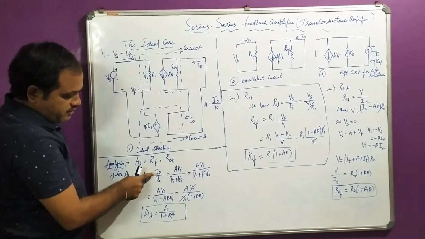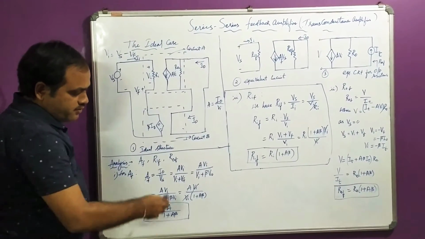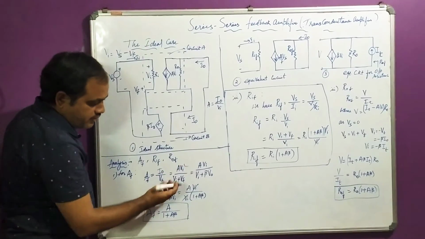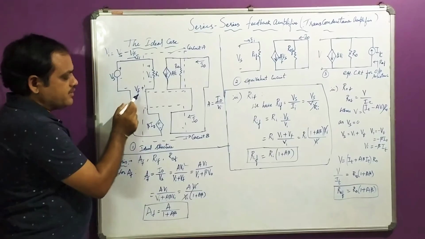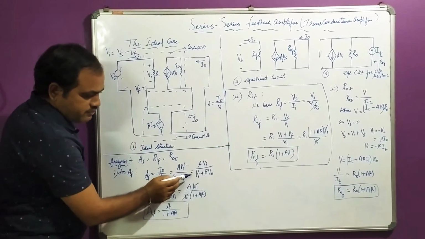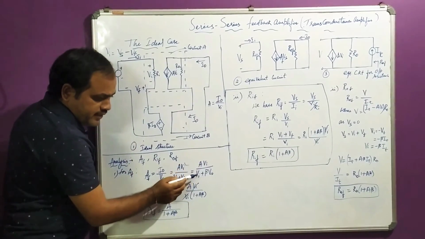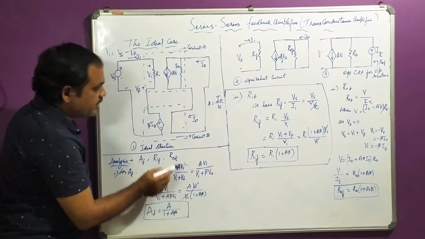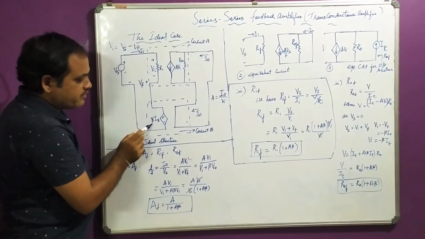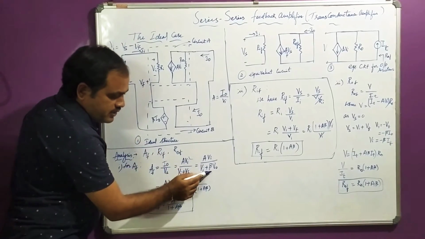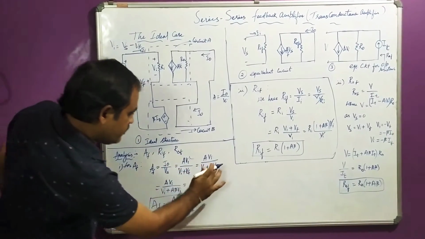I naught is equal to A into Vi divided by Vs. Vs, as we have already discussed, is nothing but Vi plus Vf, so it is A into Vi divided by Vi plus Vf. What is Vf? Vf is nothing but beta into I naught. In the voltage amplifier it was beta into V naught, now it is beta into I naught.